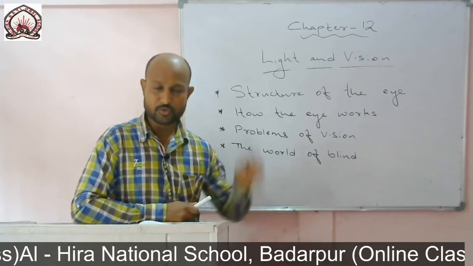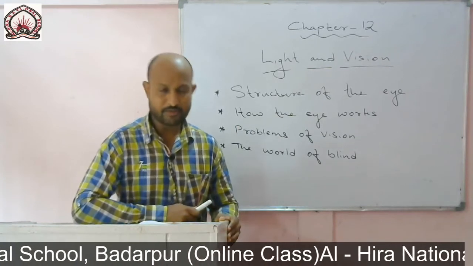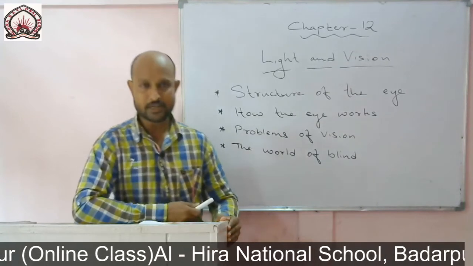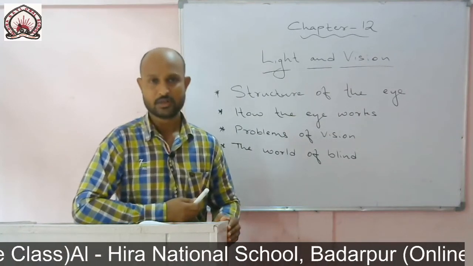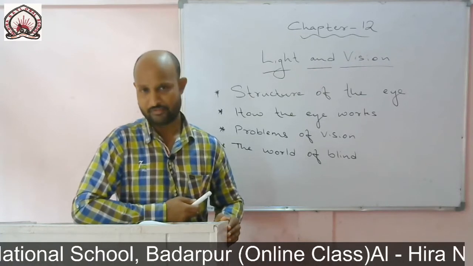She was not able to hear as well as she was not able to see. But even though she became blind and deaf, she didn't lose her confidence that she would not be able to do anything in this life.